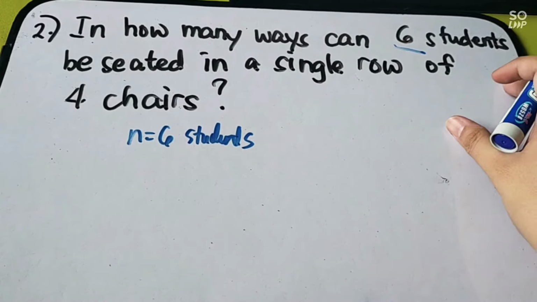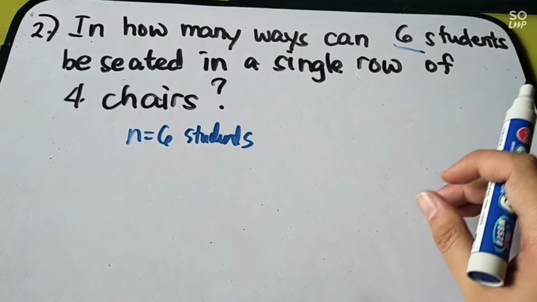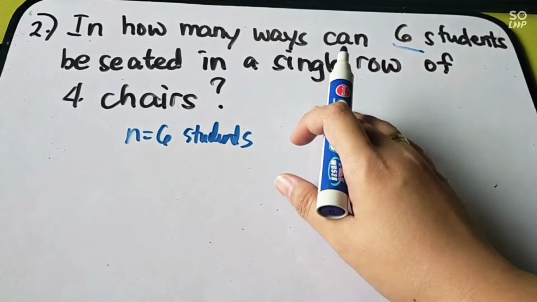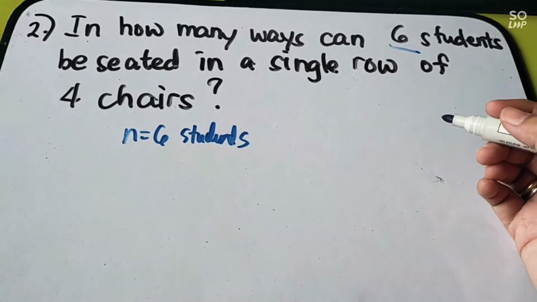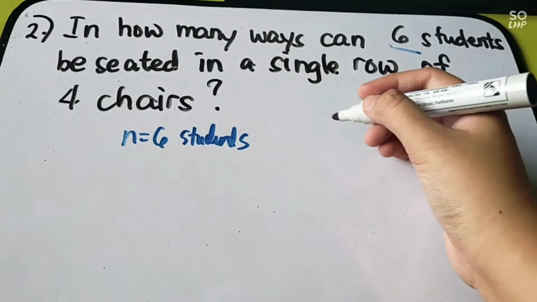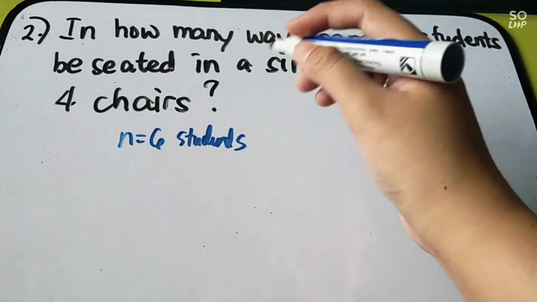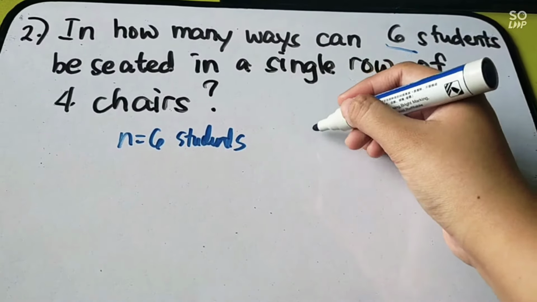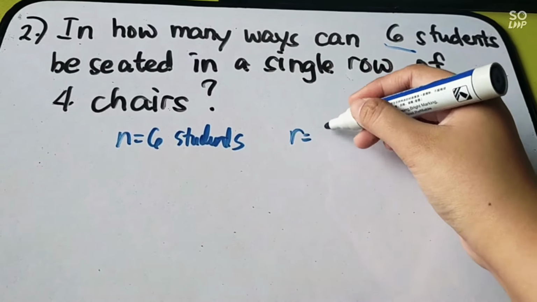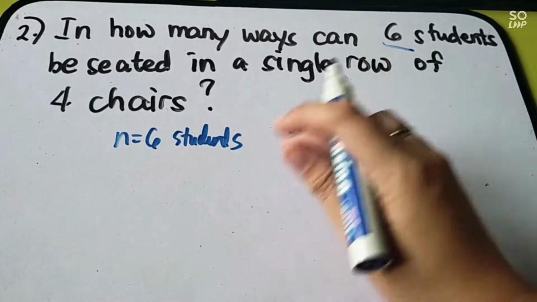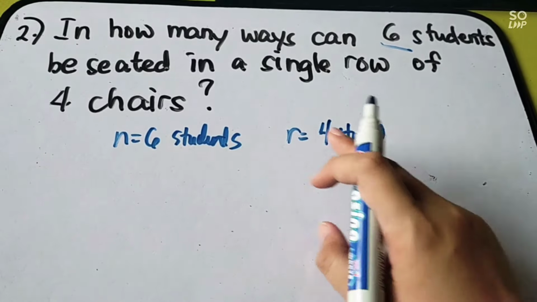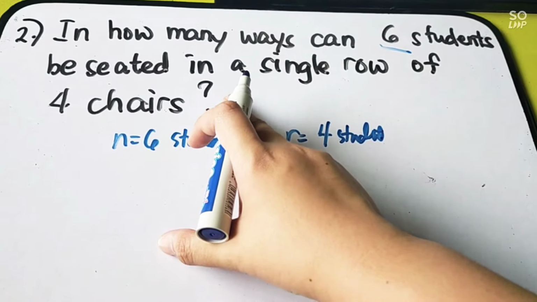Ngayon, yung 6 students mo, kailangan mo daw siyang paupuin doon sa 4 na chair lang. So, ilang beses mo siya pwedeng pagpalit-palitin doon sa 4 na chair na yon. So, we are going to take only 4 students. So, your r here is 4 students lang. So, 6 taken 4. Kasi 4 chairs lang ang ating involved.